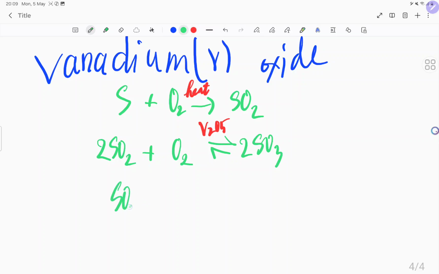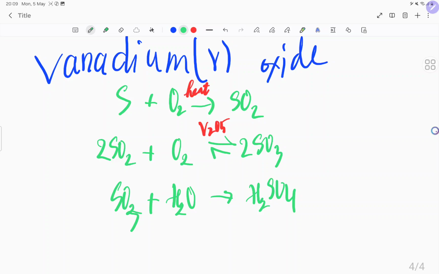So SO3 can react with water to make H2SO4. But this reaction is very toxic. It has lots of toxic gases.